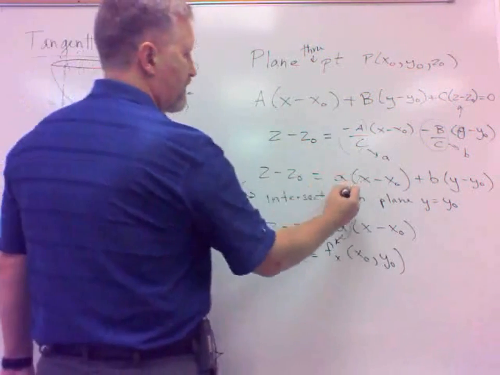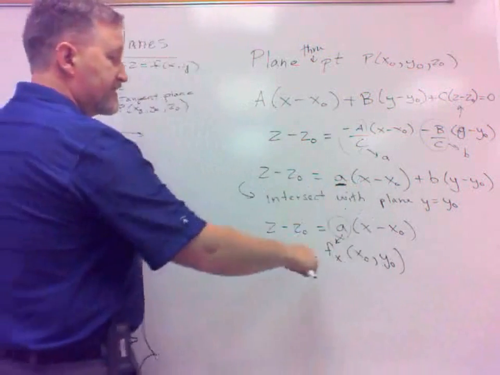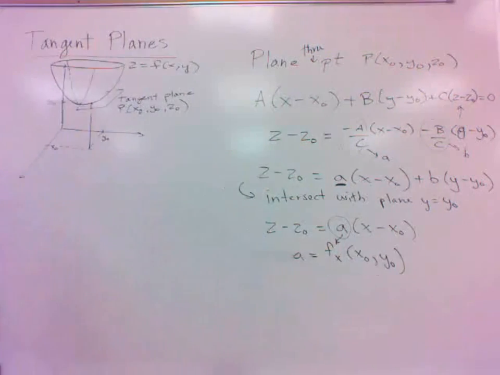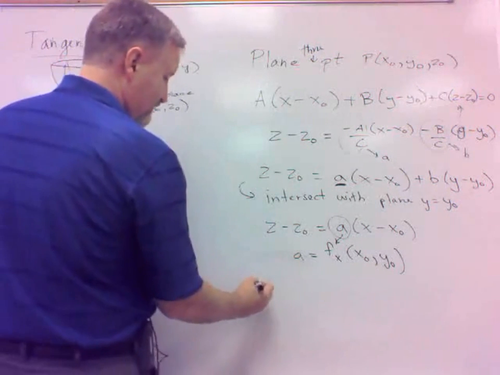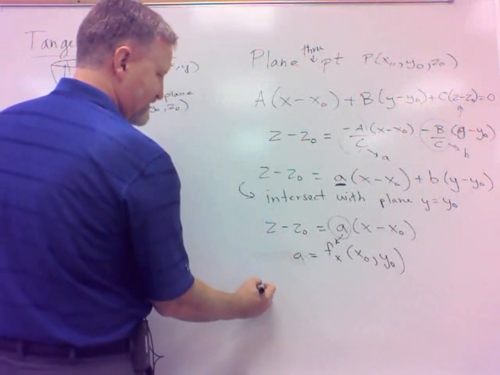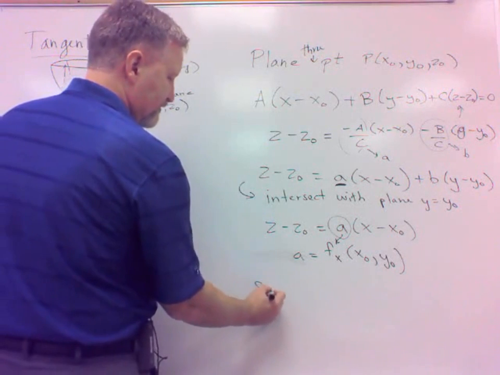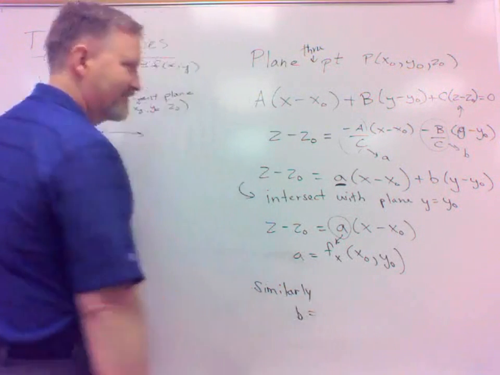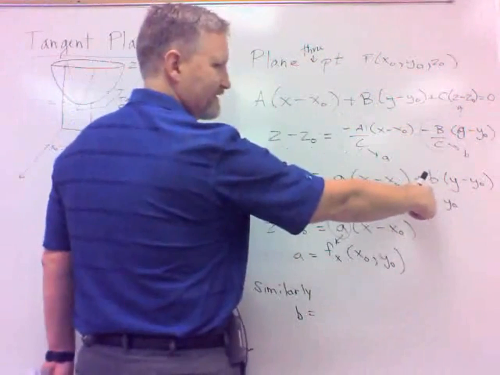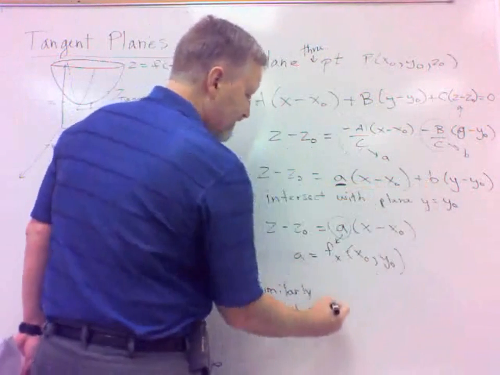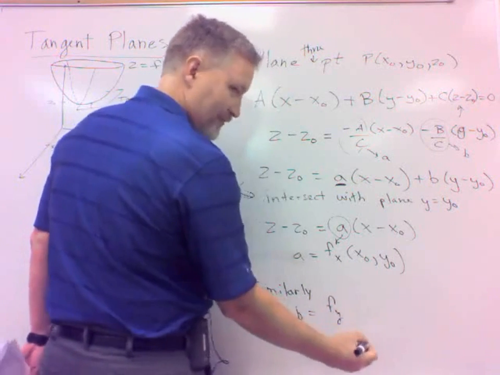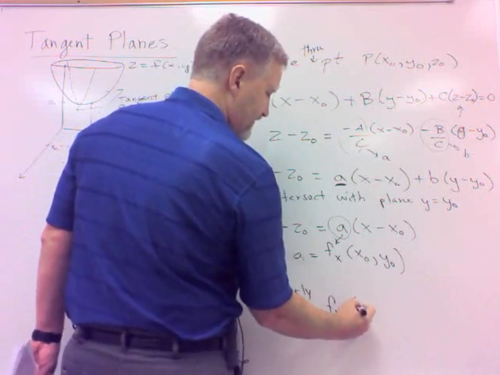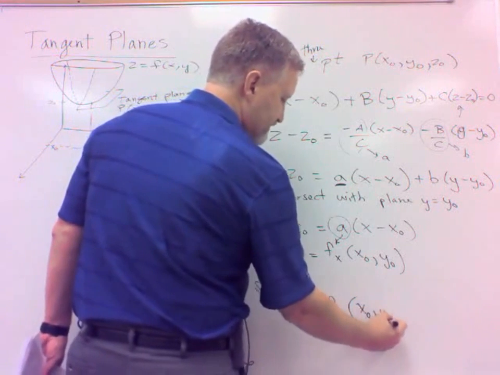So this a right here is the partial derivative. Hopefully then, it's not too far of a jump to say, similarly, what does b equal? What does this b equal? Partial derivative with respect to y of f at x0, y0.